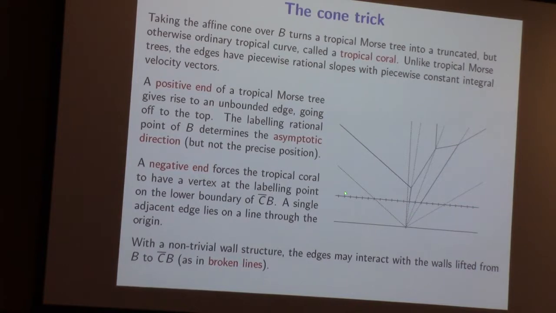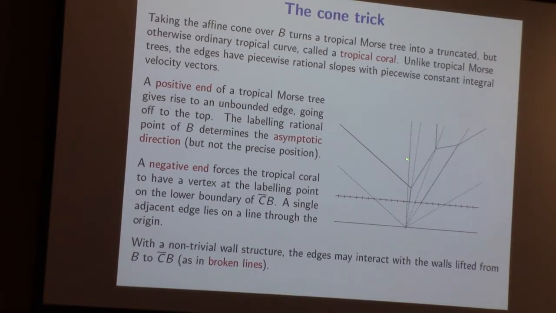It goes as follows. So you take the affine cone over B. Okay, that means this is a picture of B, just unwrapped. It's an interval or maybe even a real line. And you take the cone over it. So this sits at height 1 in R2. And you just take, well, in this case it's the upper half plane, right? It's a cone of it.